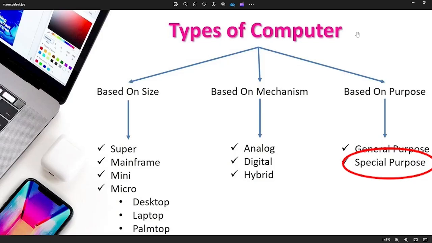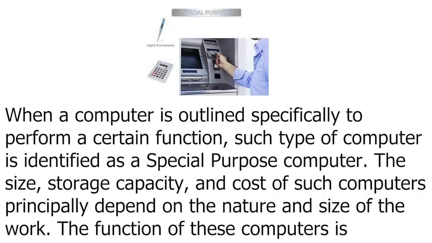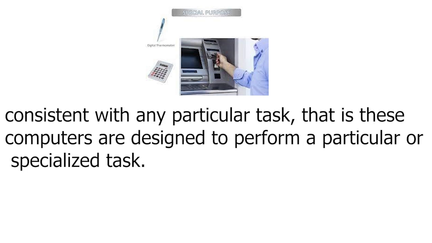Now I am going to talk about a special purpose computer. When a computer is outlined specifically to perform a certain function, such a type of computer is identified as a special purpose computer. The size, storage capacity, and cost of such computers principally depend on the nature and the size of the work. The function of this computer is constant with any particular task.